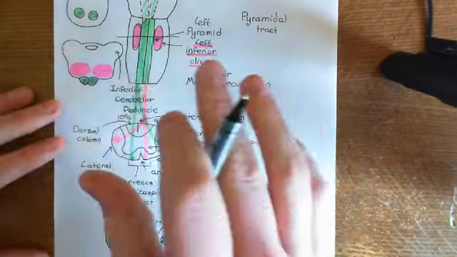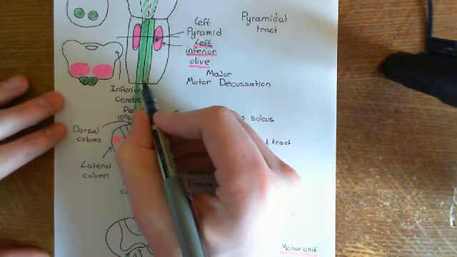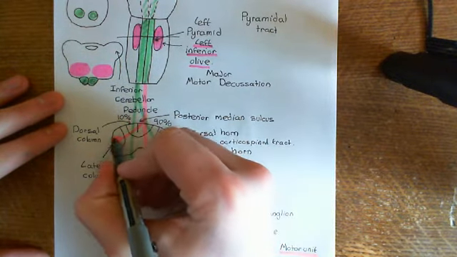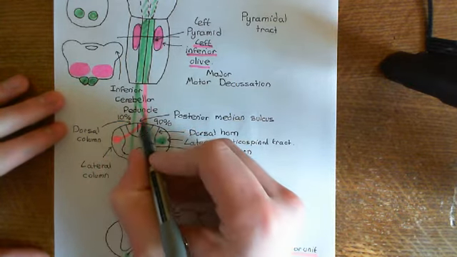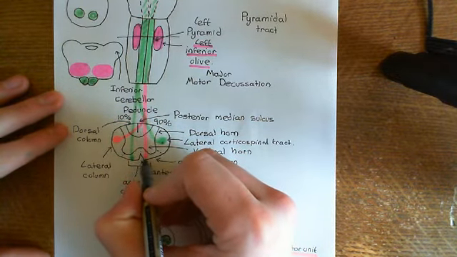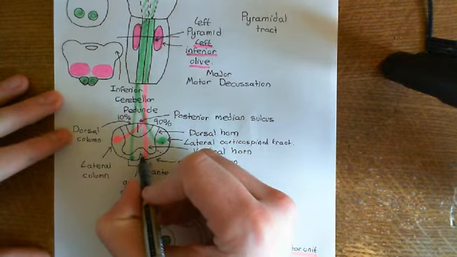Then at the bottom you will get the major motor decussation. So what will happen is around 90% of the fibres will move into the contralateral lateral corticospinal tract, in this case the right lateral corticospinal tract, and 10% of them will stay on the ipsilateral anterior corticospinal tract, in this case the left anterior corticospinal tract.